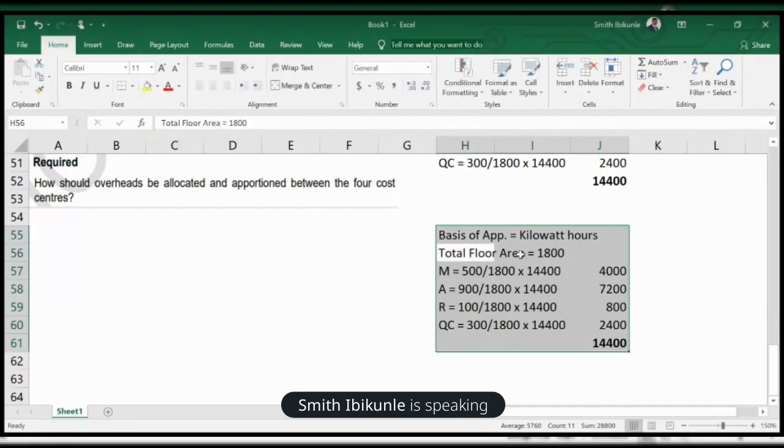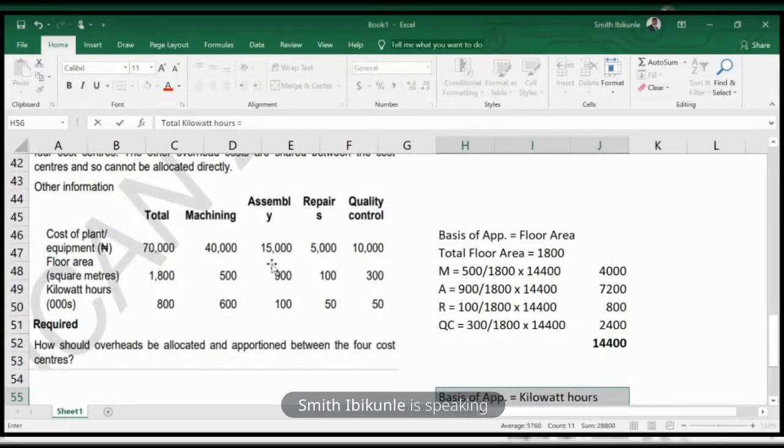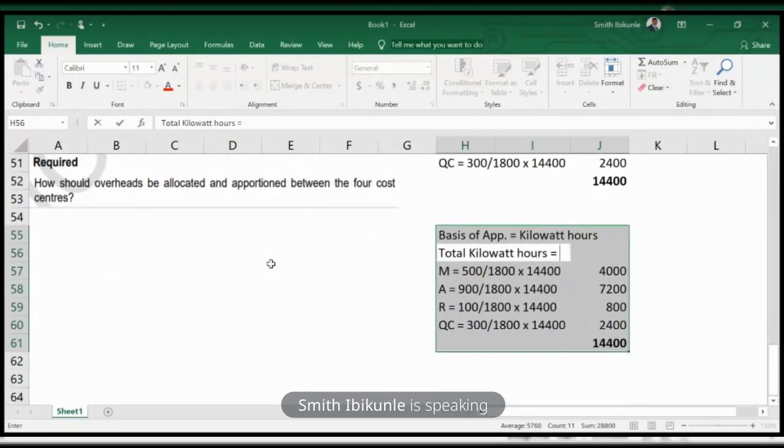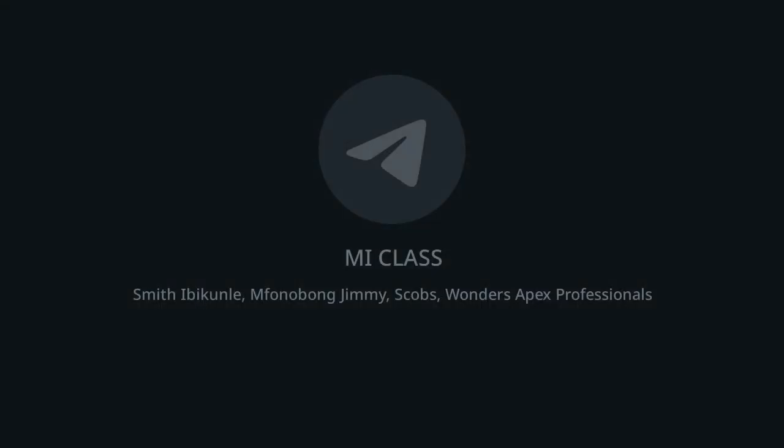And total kilowatt hours is what? Total kilowatt hours is 800 hours. Are we there? 800.